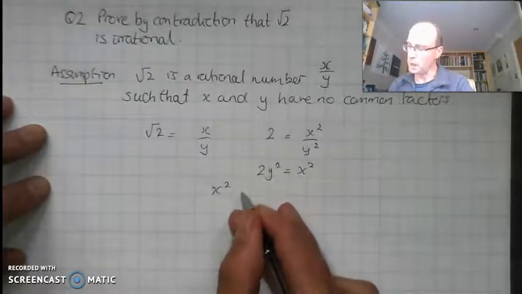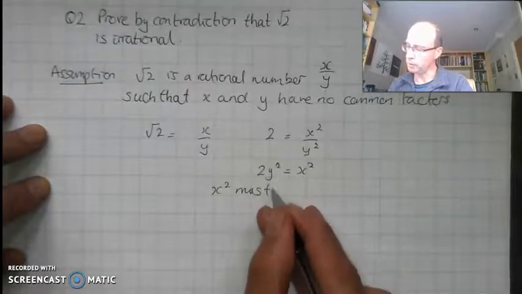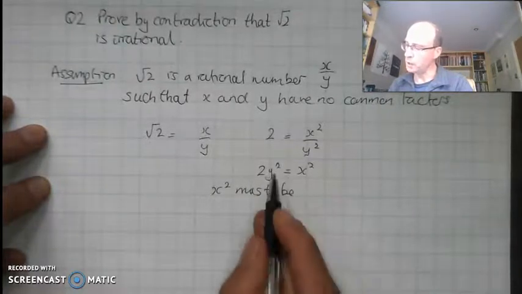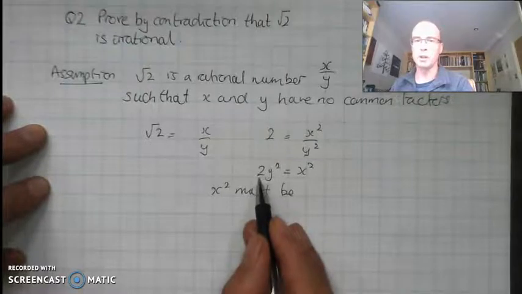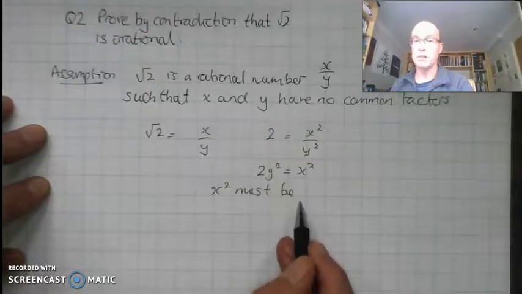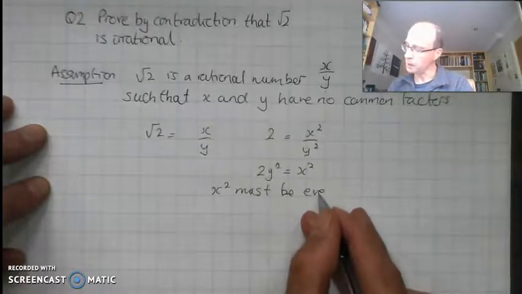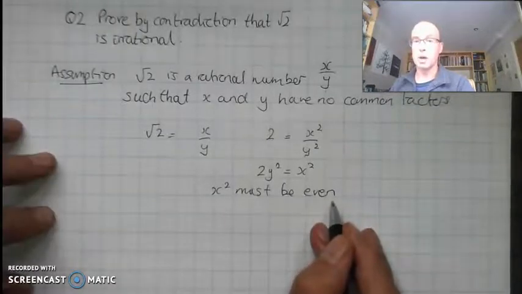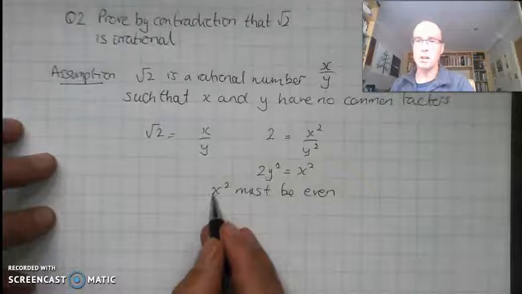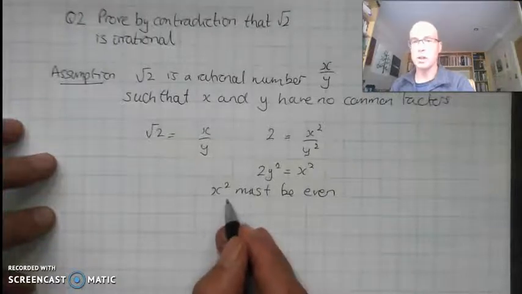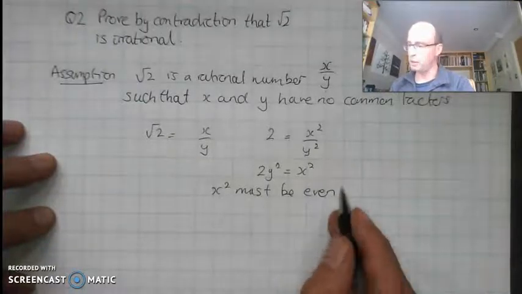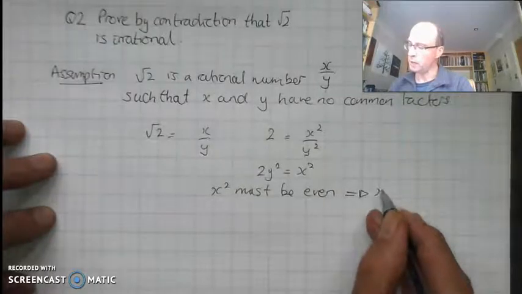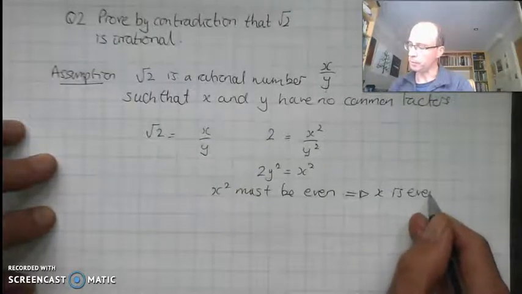It doesn't matter whether y squared's odd or even, 2 lots of anything is going to be an even number. So if x squared is even, that means that x must be even as well. Because if it was odd, I'd get odd times odd, which was odd. So the only way that x squared can be even is if x is even as well.